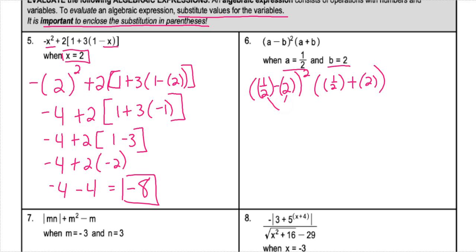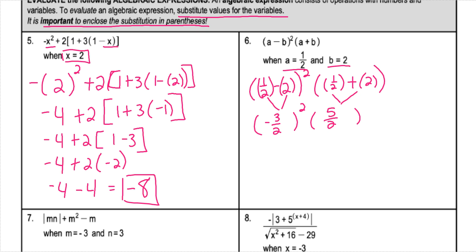Let's go ahead and evaluate inside the parentheses first. So 1/2 minus 2, that is going to give me negative 3/2 squared. And then over here we have 1/2 plus 2, which would be 5/2.